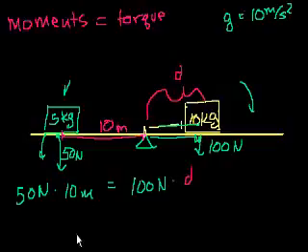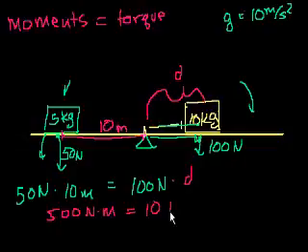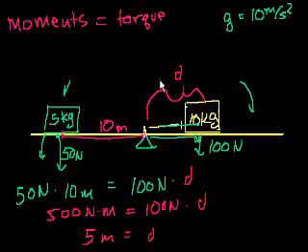And then we could just solve for d, right? We get 50 times 10 is 500. 500 newton meters is equal to 100 newtons times d. Divide both sides by 100, you get 5 meters is equal to d. So d is equal to 5.